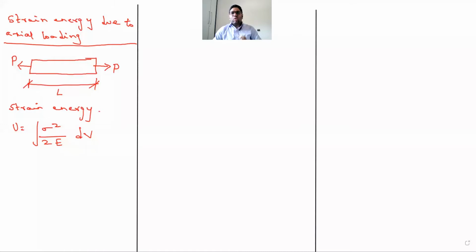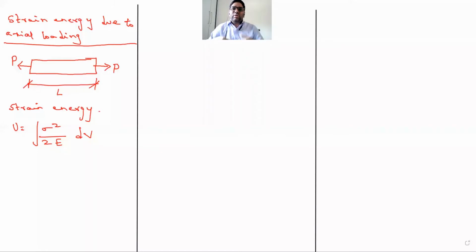As we know, strain energy corresponds to the area of the stress-strain curve or the load-deflection curve. Which means strain energy can be the product of stress multiplied by an infinitesimal strain. How do we calculate the stress, strain, and Young's modulus?